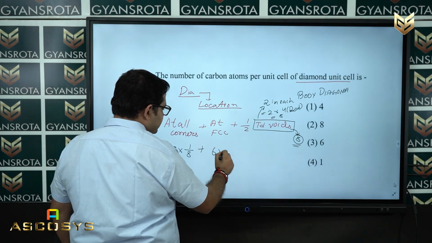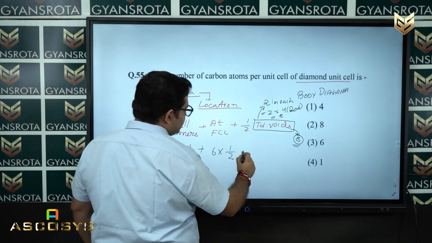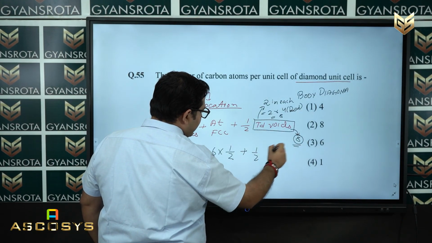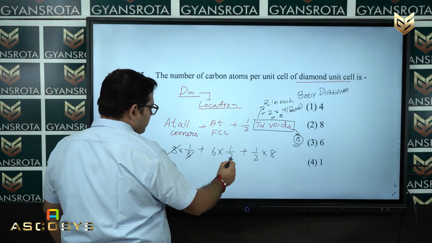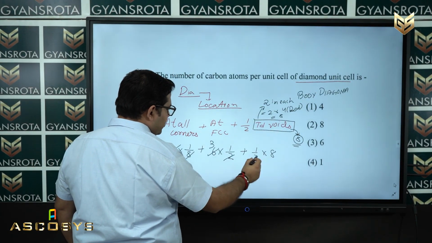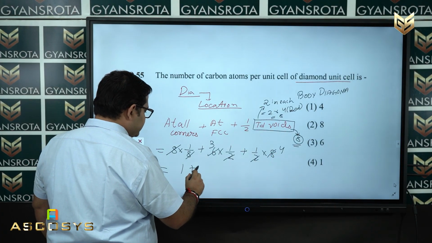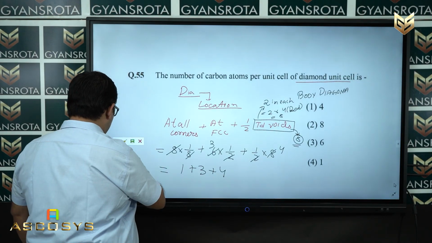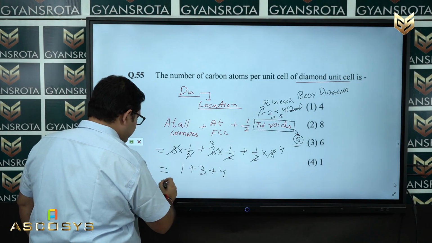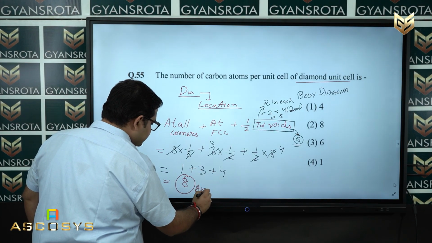FCC, that is 6 faces, half, this half we have also already discussed, half into tetrahedral voids is 8. So 8 will cancel out, 2 it will be 3, 2, 8 it will be 4. So 1 plus 3 plus 4, and your last answer will end up as 8. So 8 is the correct answer.